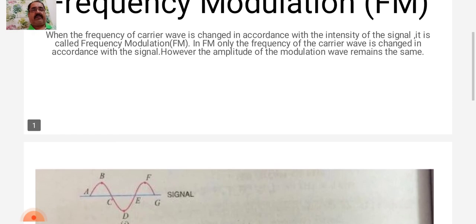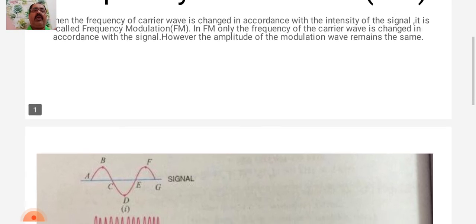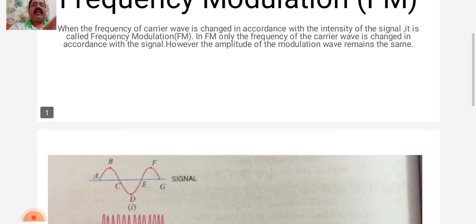In this figure you have to observe that there is a cycle.